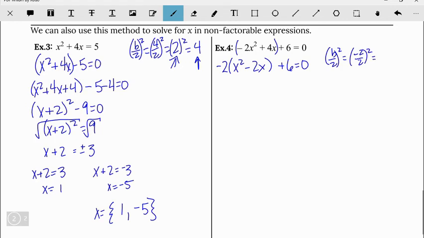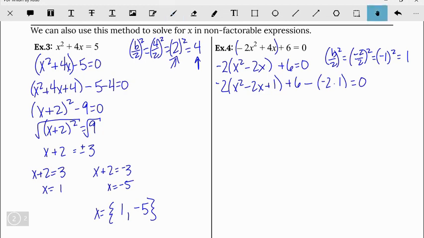But -2 divided by 2 is a -1, and -1 squared is just 1. So we are going to add the 1 inside the parentheses, but we're going to subtract a -2 times 1. Again, when we add the 1 inside the parentheses, we're not just really adding a 1. We have to consider that a value that we factored out at the beginning.